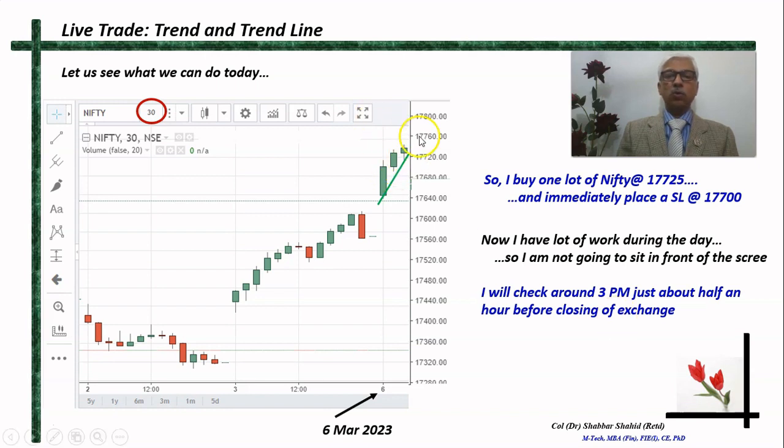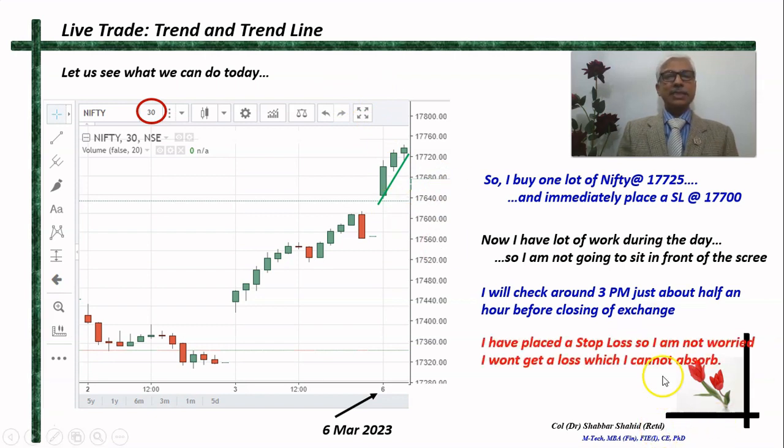If the thing goes up, I will be in a profit, and just in case it goes down, which as of now I think it is unlikely because it is showing a positive trend. But unfortunately, if it goes down, then my stop loss would get triggered and I will sustain a small loss. All right. So since I have placed a stop loss, I am not worried. Let's have a break now and we will meet at somewhere around 3 o'clock in the afternoon.